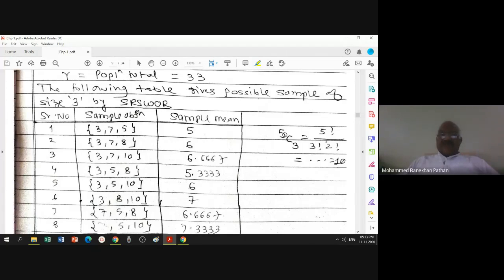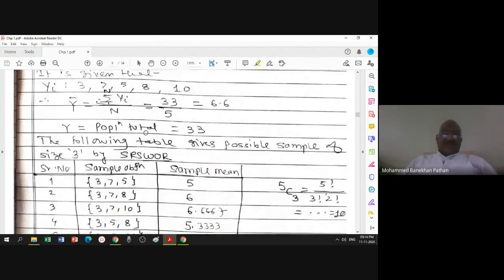When I have a population of 5 elements and I choose 3, 5 choose 3 will be 5 factorial divided by 3 factorial multiplied by (5 minus 3) factorial, which is 2 factorial. When I simplify this, the answer is 10. So there are 10 possible samples of size 3 drawn from 5 elements. Let us see what those 10 samples are.